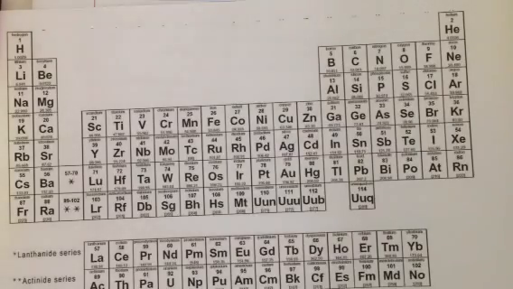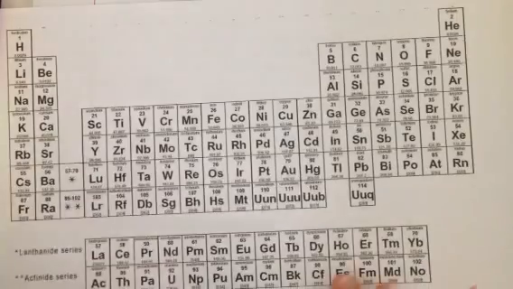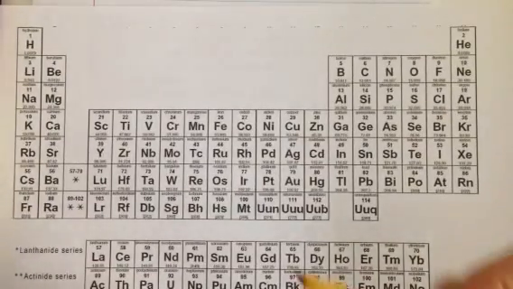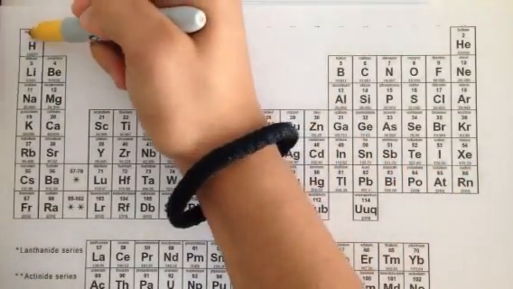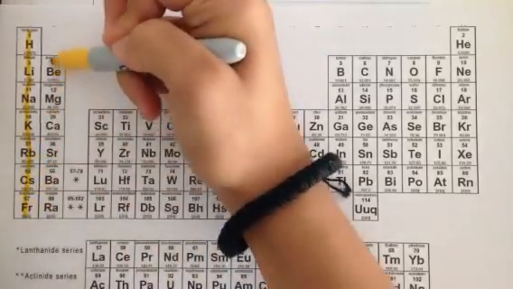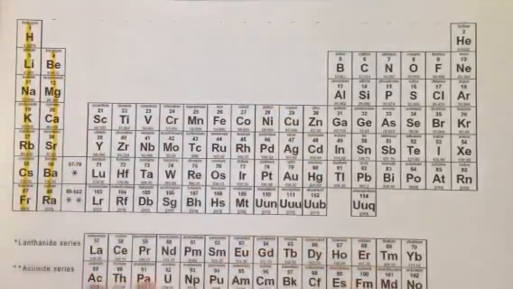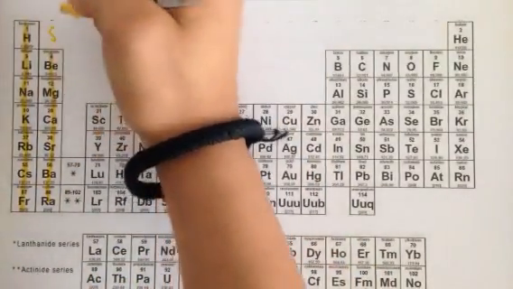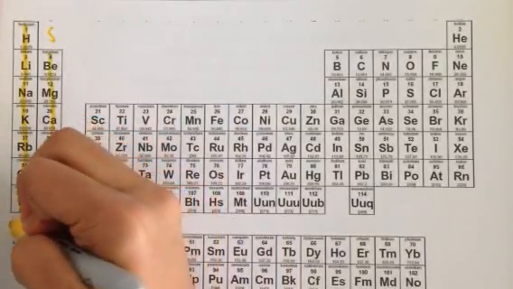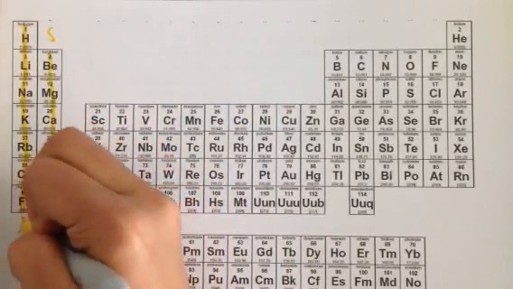So first you have the S sublevel, and it is the farthest most left side of the periodic table, so it's from here to here. These are all in the S sublevel, and at the S sublevel, L equals 0.